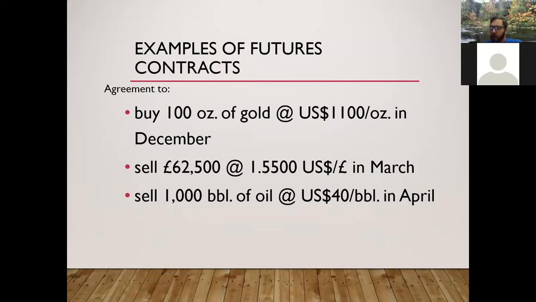And then finally, you see an example of barrels of oil, and you're again locking in a price for future delivery. The vast majority of these contracts, like I said, are never delivered. People close them out. Normally, you do it at least a month before the month of the contract, just because that last month of the contract, that's when you see a lot of fluctuation in the prices, a lot of volatility.